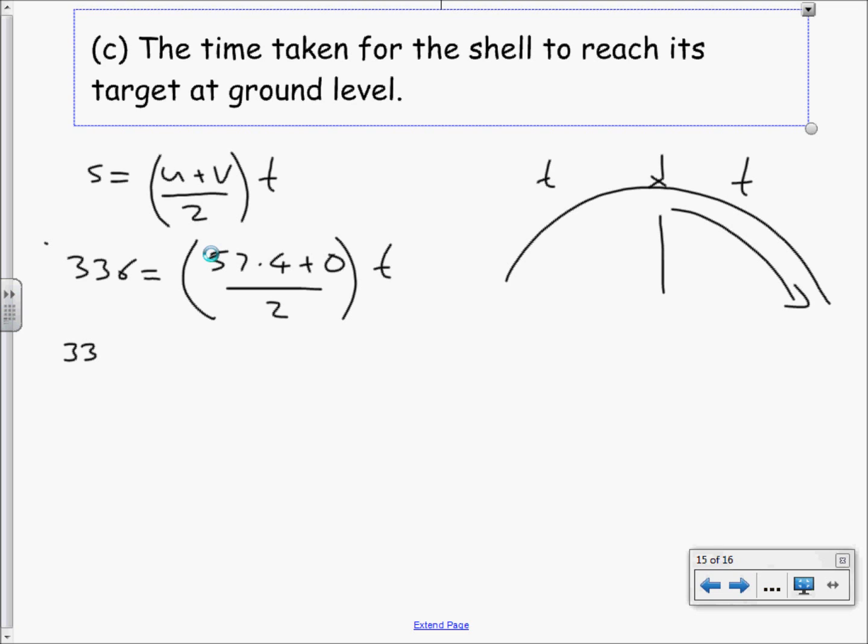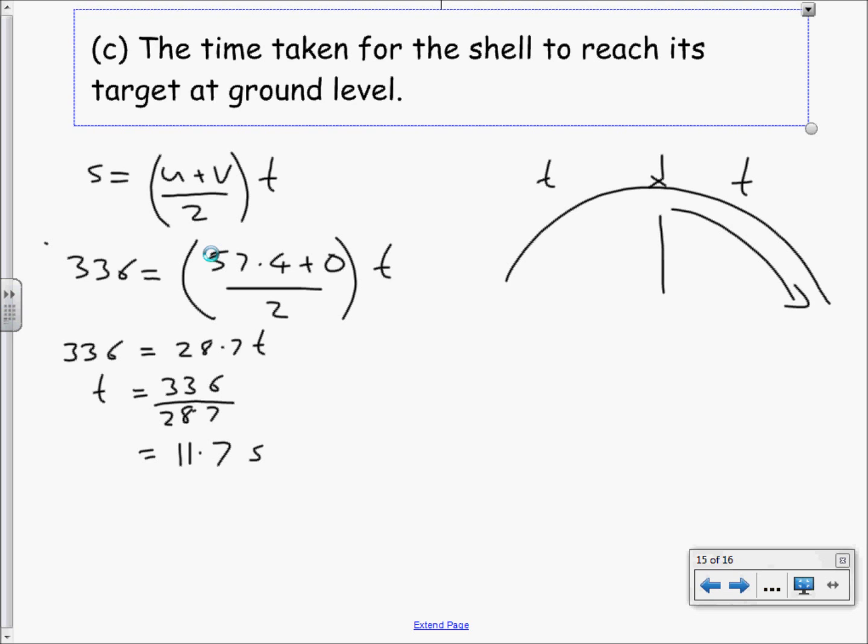So 336 equals half of 57.4, which is 28.7. I should have done that in my head. Times T, so T equals 336 divided by 28.7, which is 11.7 seconds.